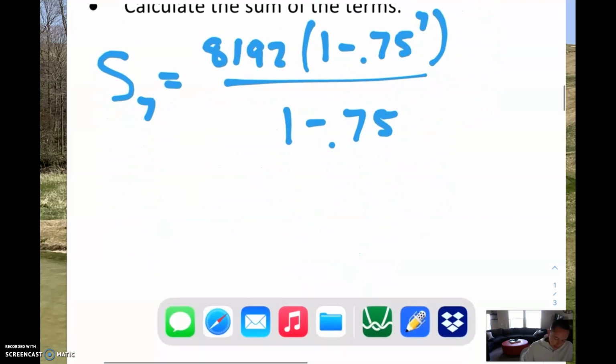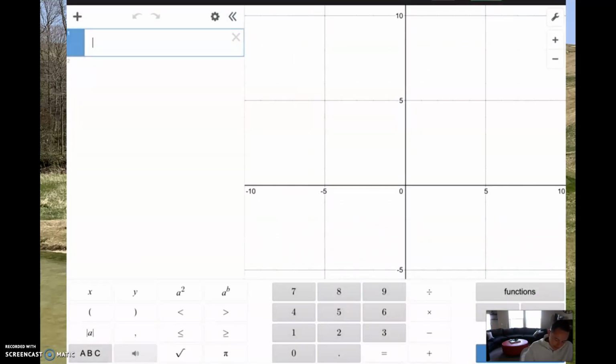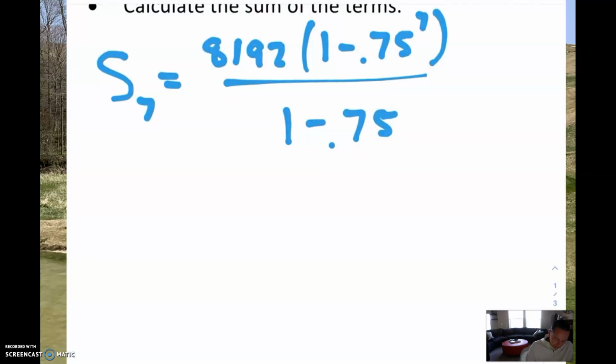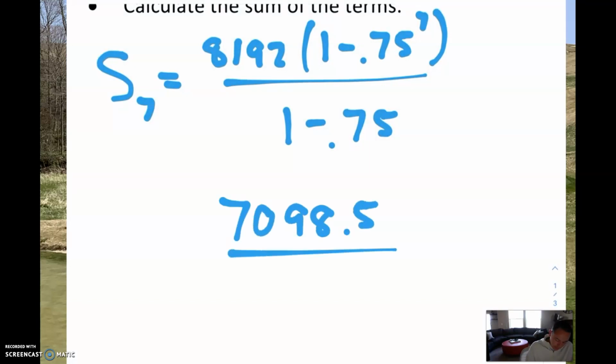And then let's just go ahead and go to Desmos. We have 8192 times 1 minus 0.75 to the 7th. So the top of that fraction becomes 7098.5.